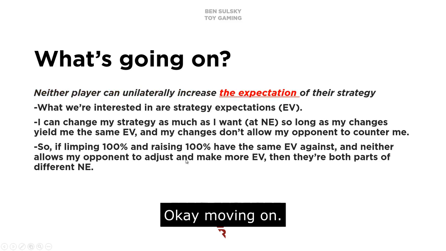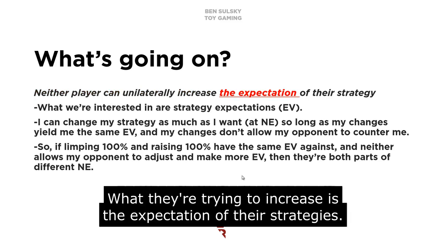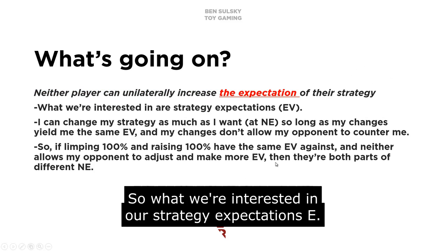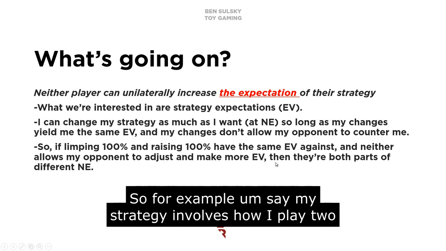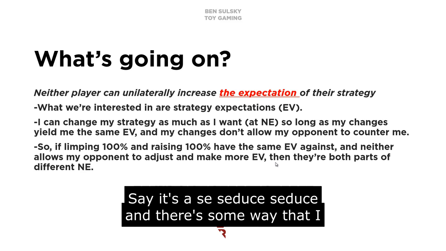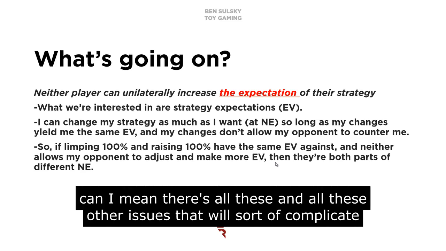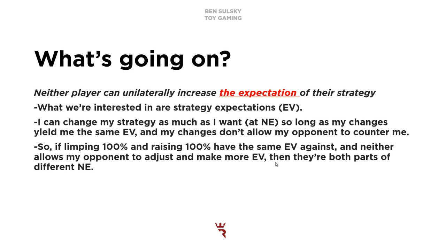Okay, moving on. What they're trying to increase is the expectation of their strategies. So what we're interested in are strategy expectations, EVs. For example, say my strategy involves how I play two hands, say ace-ace and deuce-deuce. There are all these other issues that will complicate things, but I don't want to get into them yet.